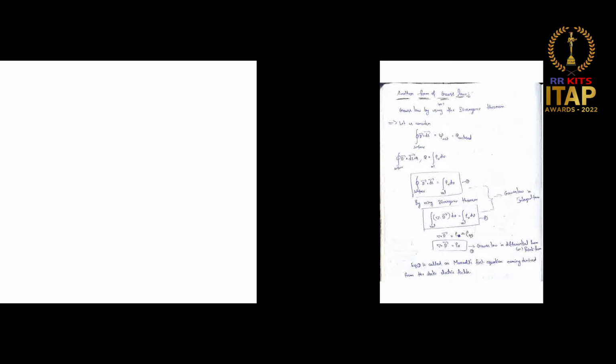So whenever charge is inside the volume and is of distributive nature, we can calculate the charge contained in the volume by using this formula: Q is equal to integral of rho v dv, right?